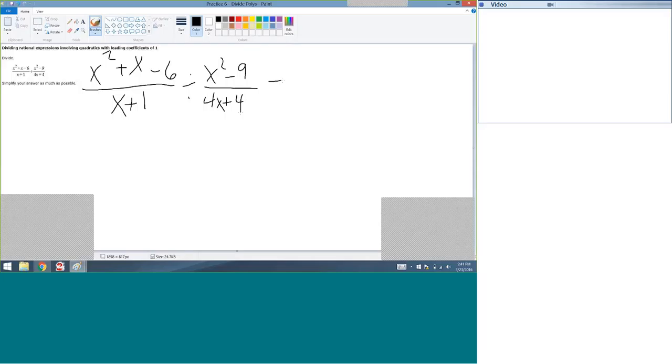Okay, so since we're still dividing two rational expressions, we're going to do the same thing, the keep, change, flip. So the first one stays the same. Change that to multiplication, and then the second one is going to flip.